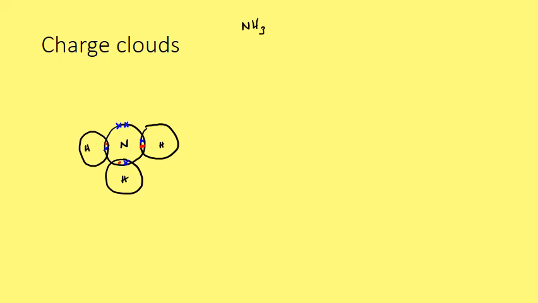But you'll know from your physics that electrons aren't really particles, and you'll also know that you can't really say where an electron is going to be. All you can say is that it has a higher probability of being in one place than another place.